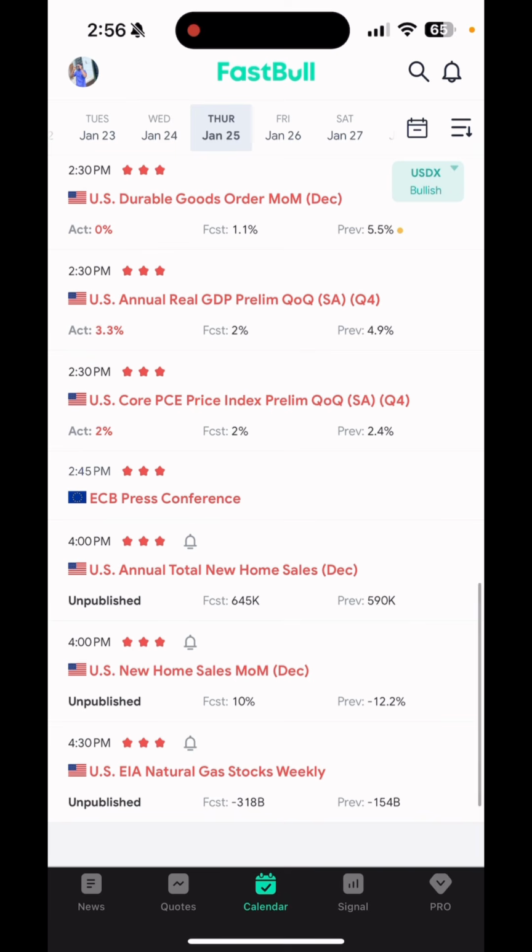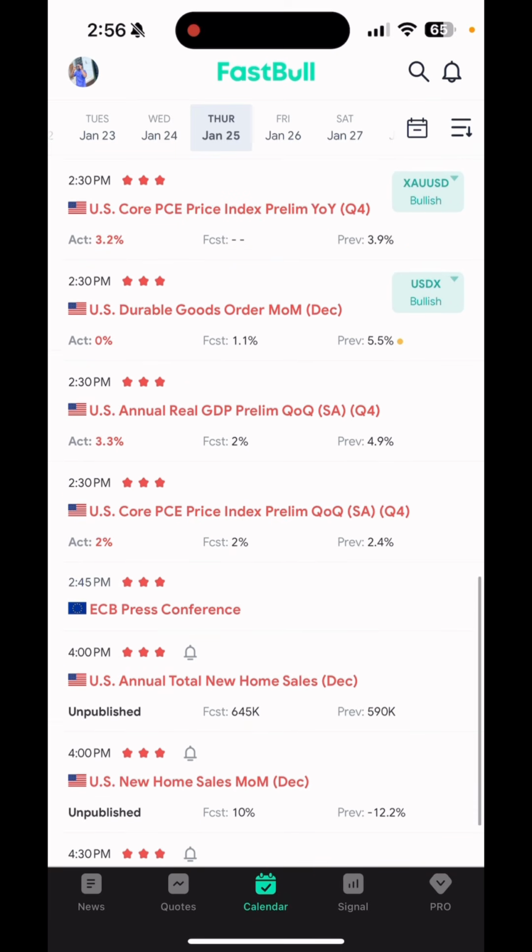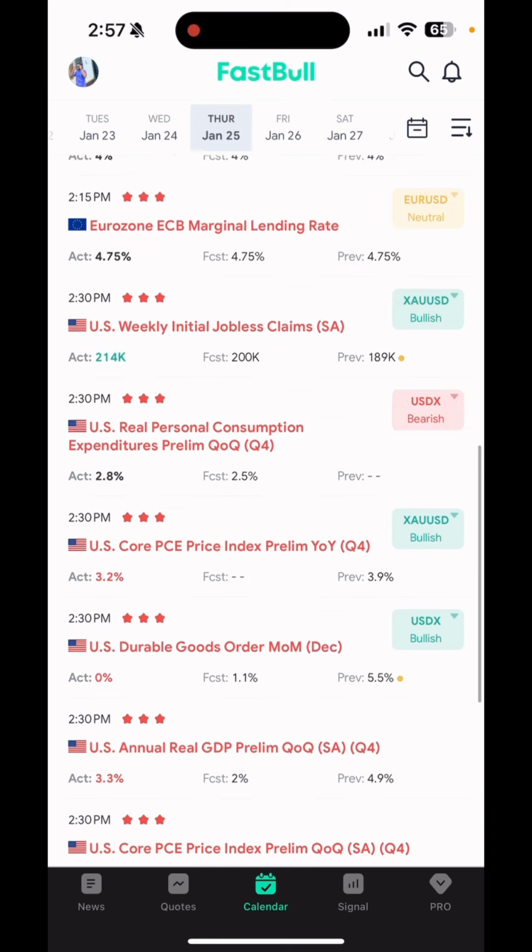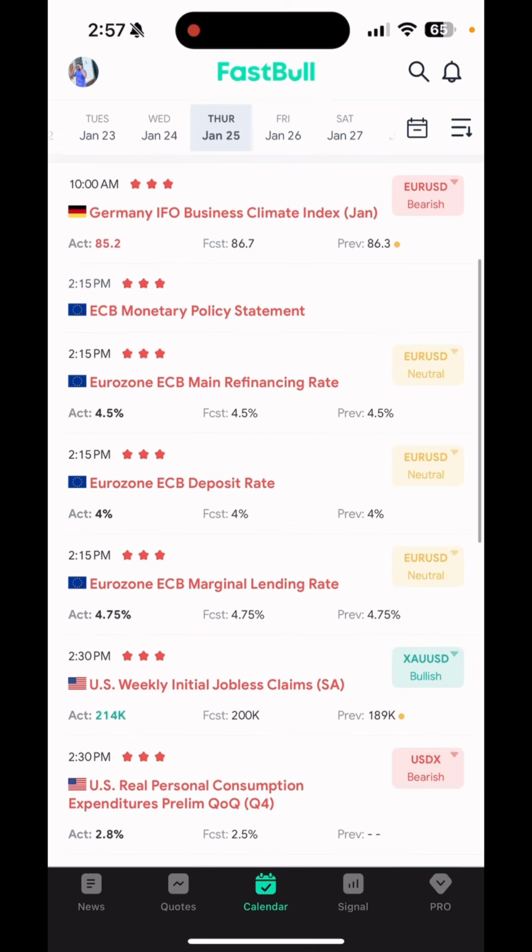Let's go back to the calendar, and like I said, it gives you the bullish. It gives you a badge immediately. The news drops, it gives you a badge telling you if it's going to be bullish or bearish. So you don't really need to go and read the news. They've already read the news for you, and they've told you what is happening. Now, once you see neutral, they're telling you, oh, the news has dropped, but we are neutral about it.